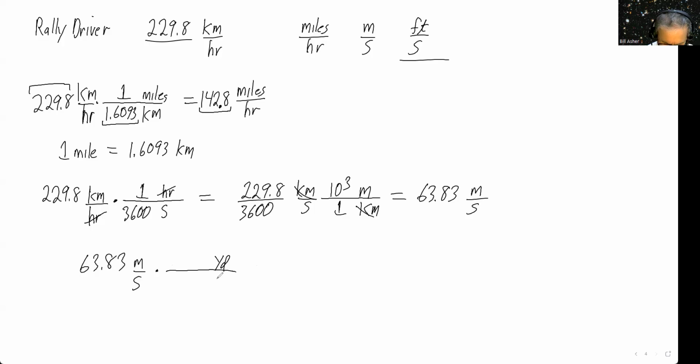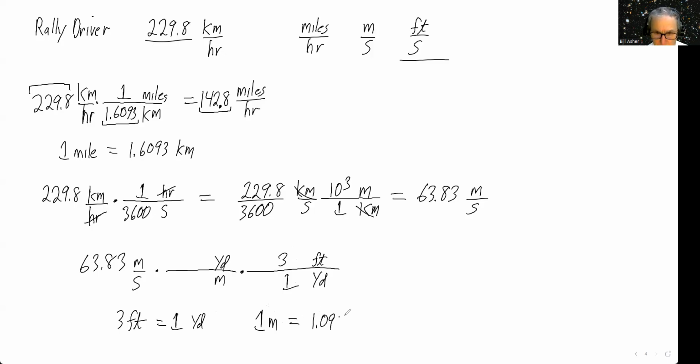yards per meter. And then I can remember that I know the conversion factor of feet per yard, right? Because I know that 3 feet is equal to 1 yard. So this is 3 and this is 1. And then the other one is yards per meter, and that's in the textbook, and that's 1 meter is equal to 1.0936 yards.